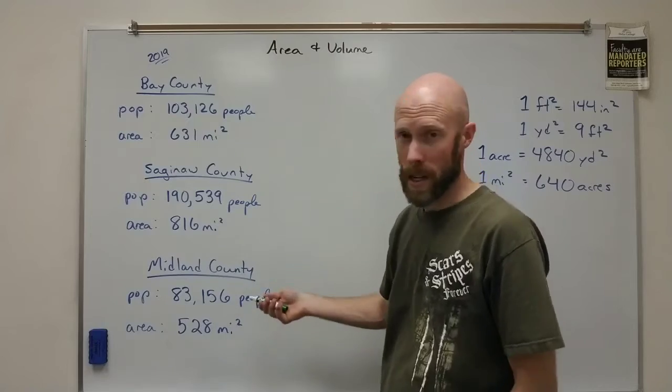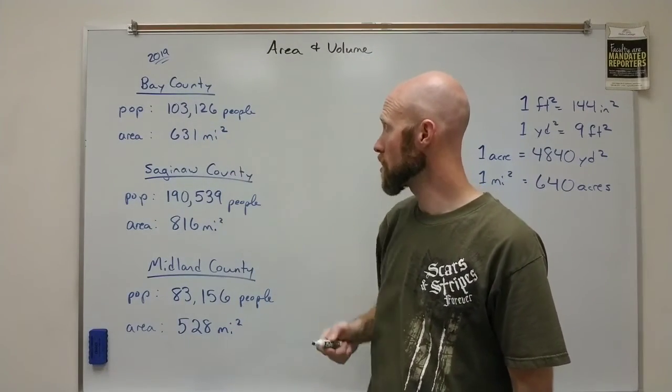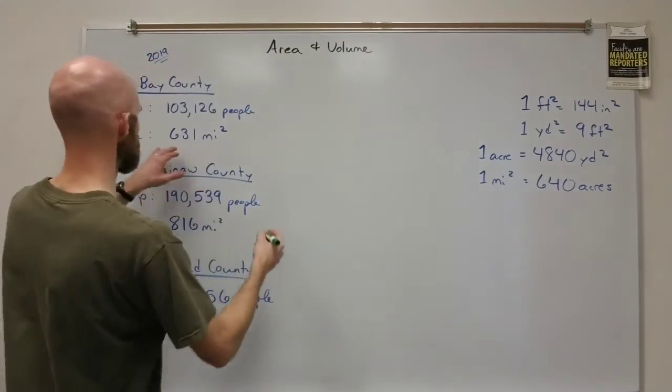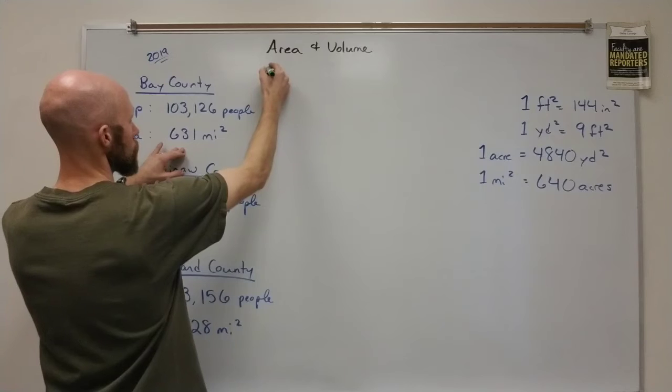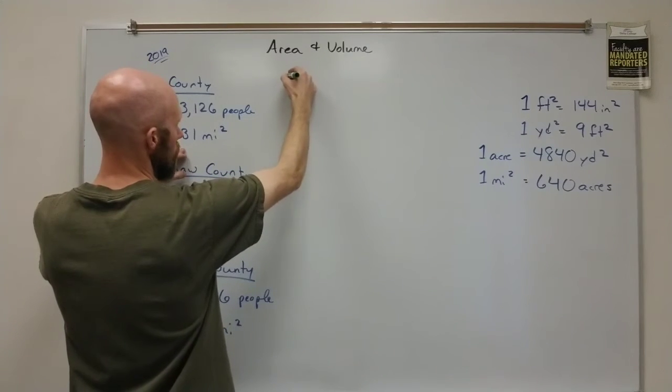Anyway, so we can look at these three counties. It's kind of interesting. The population density for Bay County, number of people per square mile, is simply, so I guess maybe I should define my units here.